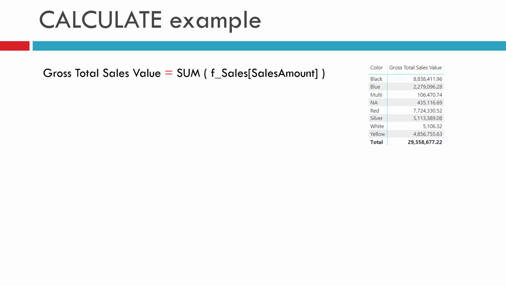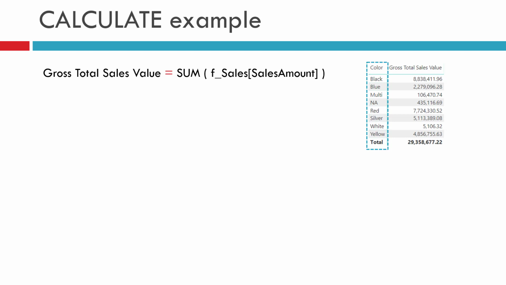So it is pretty obvious from these visuals that gross sales value is being computed for each of the color types. However, if I have to speak using DAX terminology, we have an initial filter context on product color and it is then used to filter out the relevant records and finally compute the sales amount for each of the cells of this matrix visual.